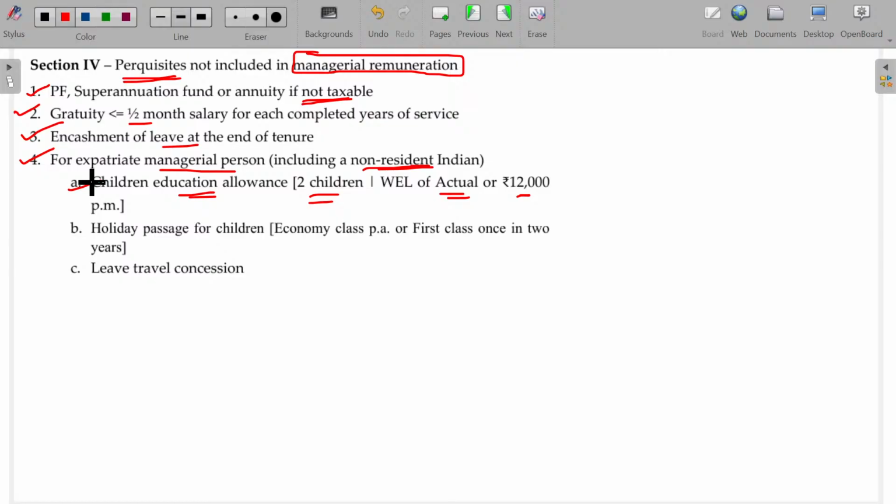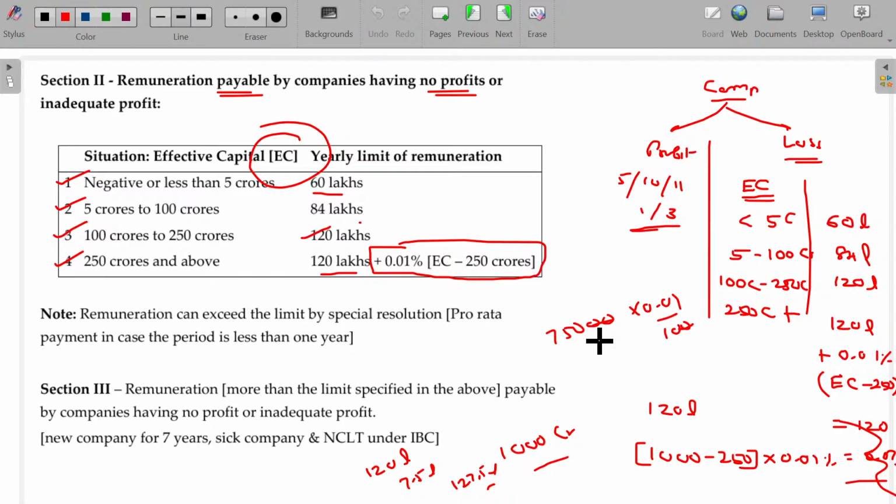Between 12,000 per month per child or actual, whichever is lower is excluded from the managerial remuneration. And if he is from a foreign country, holiday passage for children may also be allowed, economic class or first class, once in 2 years. Leave travel concession. These things are excluded from the managerial remuneration.